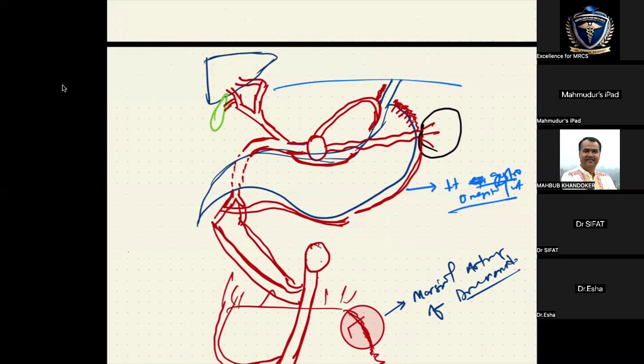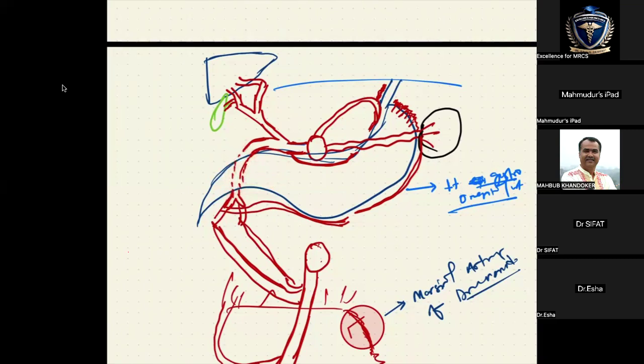Now come to this portion. I have told you this is the gastroduodenal artery, and this is the first part of the duodenum. This vessel goes behind the first part of the duodenum. In peptic ulcer disease, it very commonly affects the anterior wall because it is hypovascular, and the posterior wall is very vascular because the gastroduodenal artery goes behind the posterior duodenum.